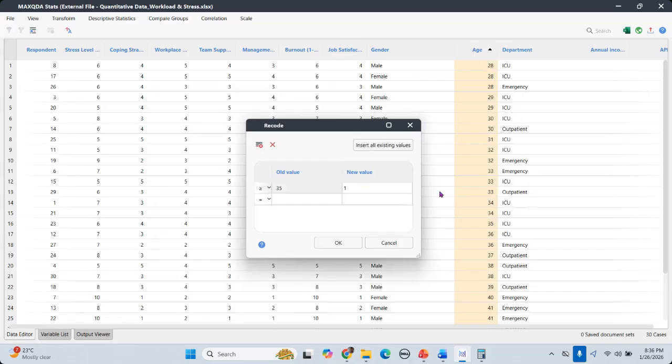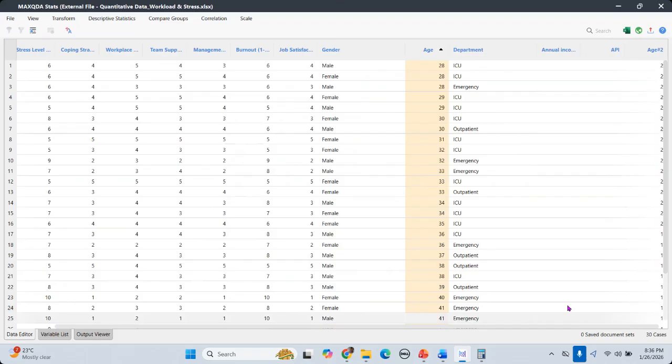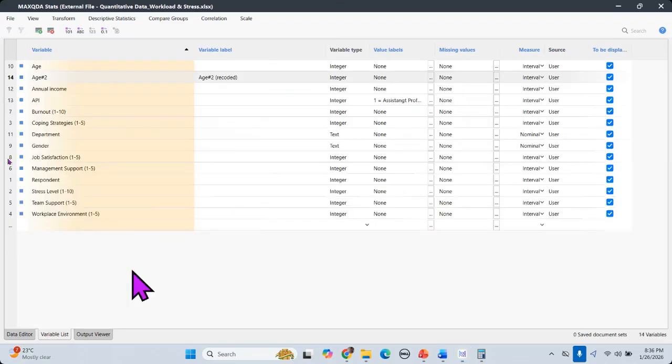I can type it like young or 1 value. Those who are 35 or less, we are going to consider as 1 category. Those above 35, we're going to consider as 2. Okay. Look here. I got the age 2, 2, 2, 2, 2, 2, 1, 1, 1. Now come to the variable list. Here I'm going to give the label.